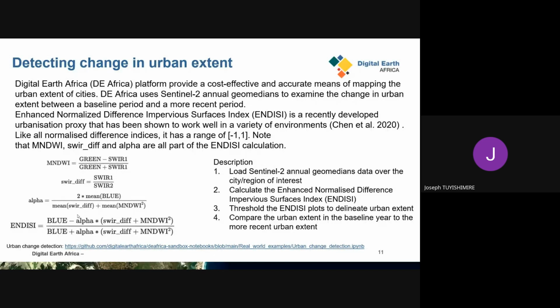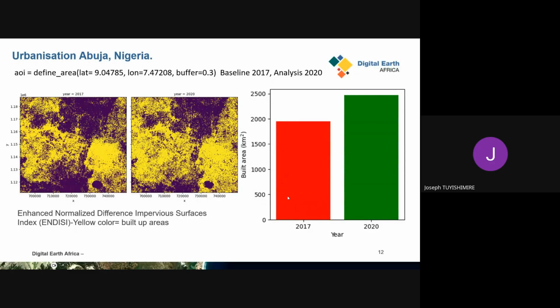This is the formula used to calculate the Enhanced Normalized Difference Impervious Surfaces Index. From here, I worked on Abuja. We have a notebook that will show us how the city has expanded over time. Any question, please feel free to ask.